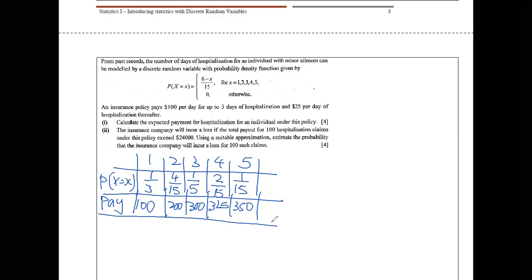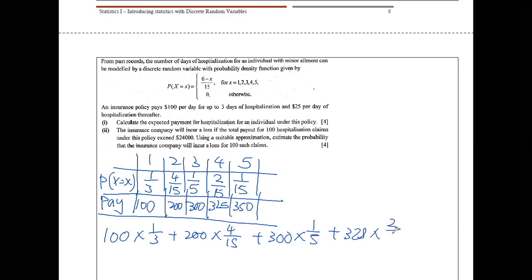What we want to know is not the expected number of days. Instead, we want to know the expected payment. So if we use the expectation idea, we will use $100 multiplied by 1/3, plus 200 multiplied by 4 over 15, plus 300 multiplied by 1 over 5, plus 325 multiplied by 2 over 15, plus 350 times 1 over 15. The expected value of the payment that I'm going to receive is $213 and 1/3.